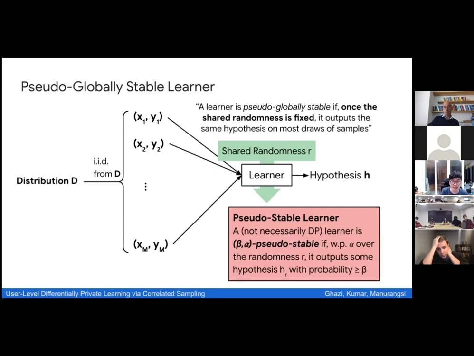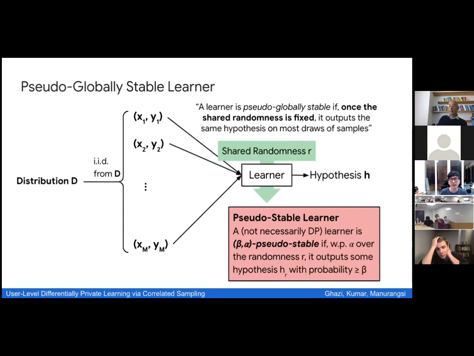But this hypothesis, I write here as H_R to stress the fact that it can depend on R. So once you fix R, it should be stable. Everything is exactly the same as before, except that you have a shared randomness, and now your H star can depend on R.